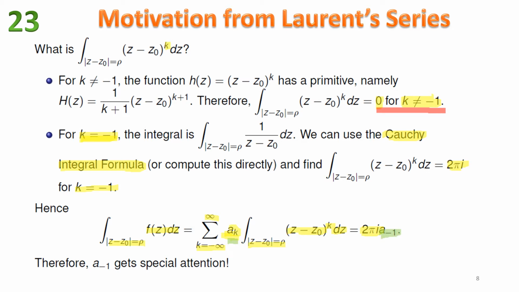That is the coefficient of the term which has the factor z minus z0 in the denominator. This is the only value for which we have a nonzero integration value. For earlier terms and later terms, we have the value 0.